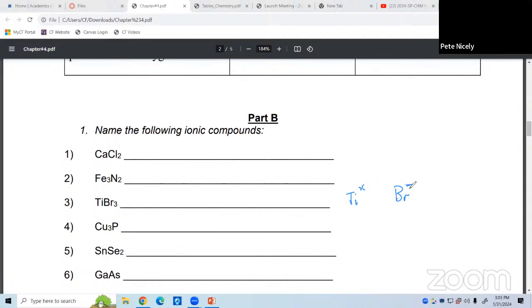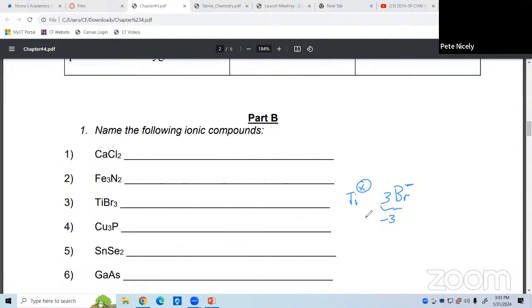And there are 3 of them, right? So what does that mean in terms of the charge for the titanium? If these 3 carry a total charge of -3, then what would be the charge carried by the titanium?